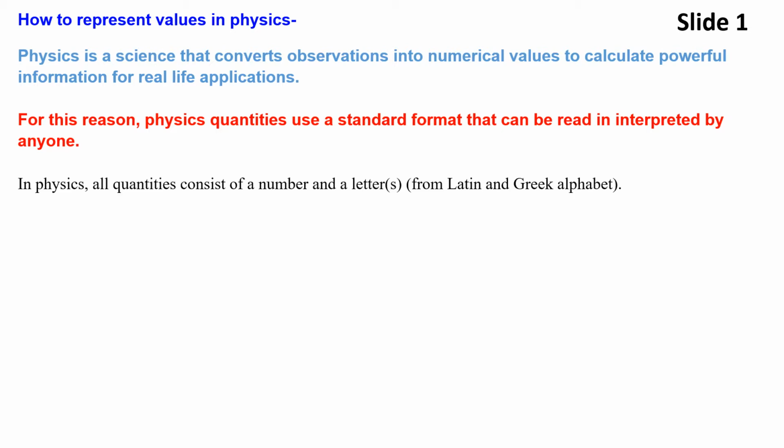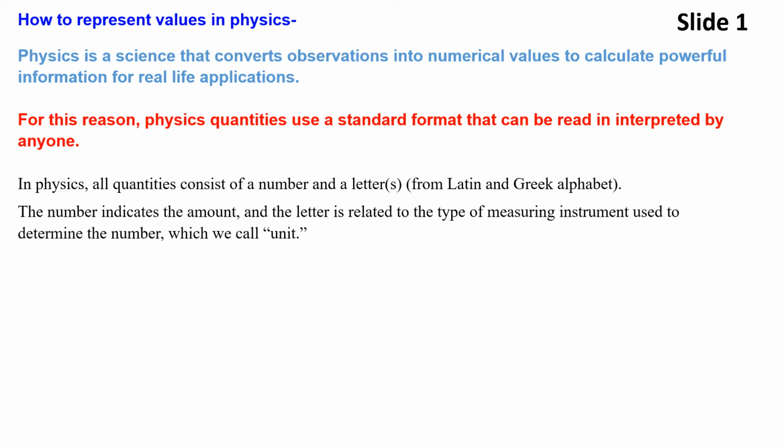In physics, all quantities consist of a number and a letter or letters from the Latin and Greek alphabet. The number indicates the amount and the letter is related to the type of measuring instrument used to determine the number, which we call unit.